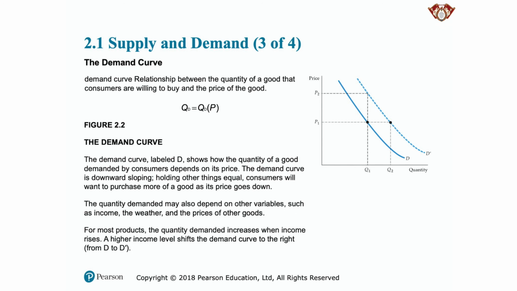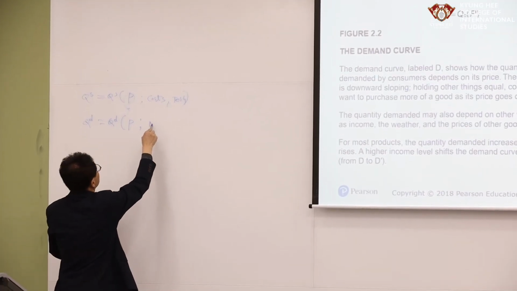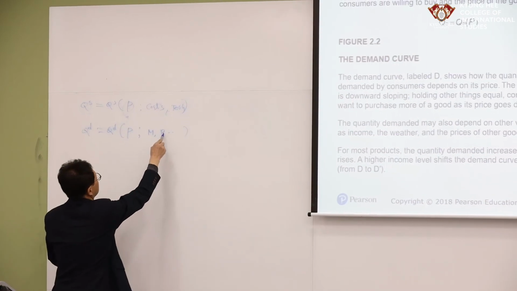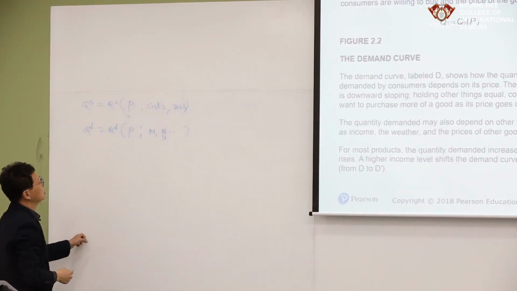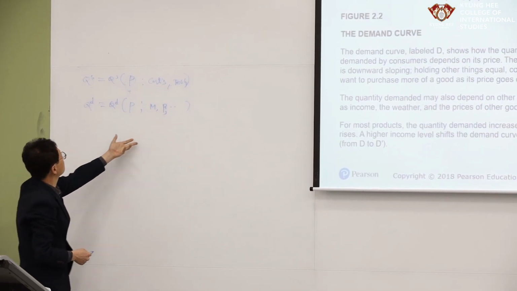Demand curve. Similarly, quantity demanded depends on its own price and other things, for example, income and others. Price of related goods, PJ, right? Its own price, other goods' prices.